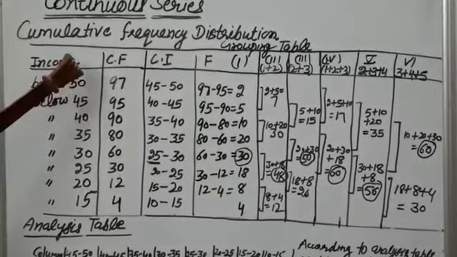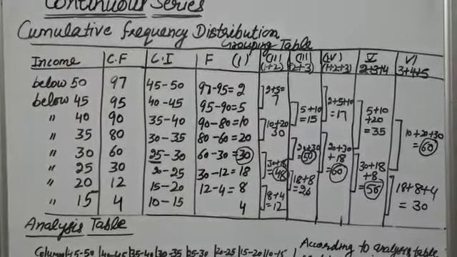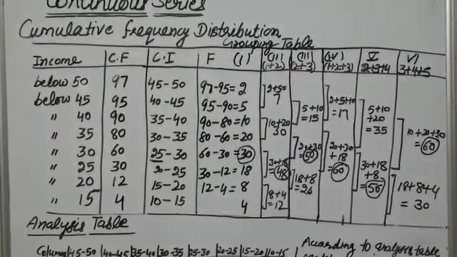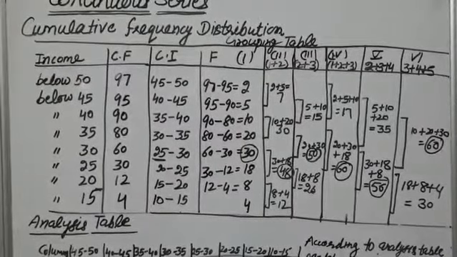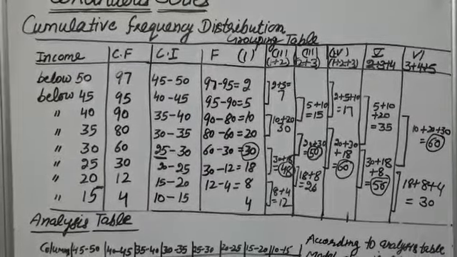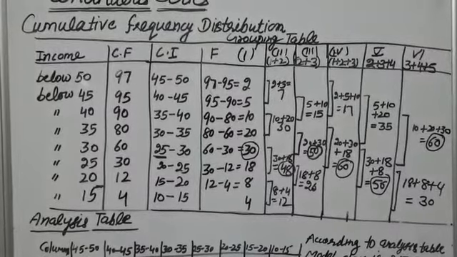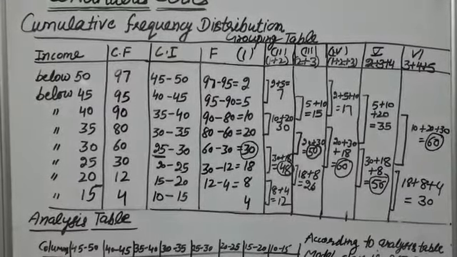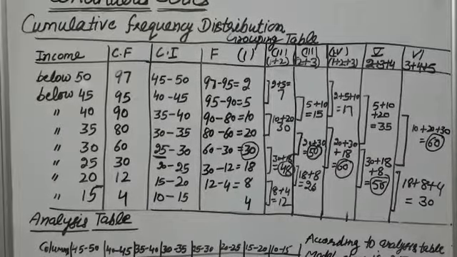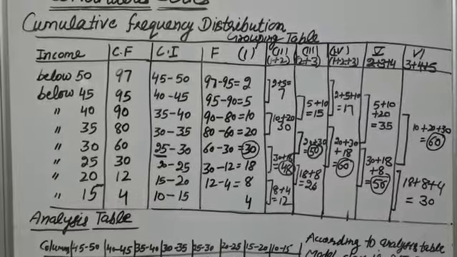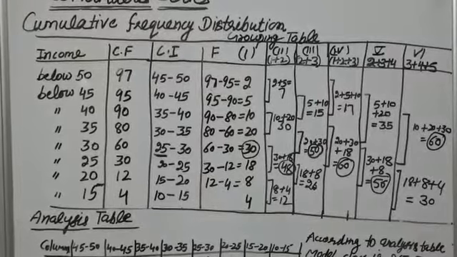Cumulative frequency is given as 97, 95, 90, 80, 60, 30, 12 and 4. In case of continuous series, class intervals should be equal and the series should be exclusive to calculate the mode. If midpoints are given, class intervals are to be obtained.